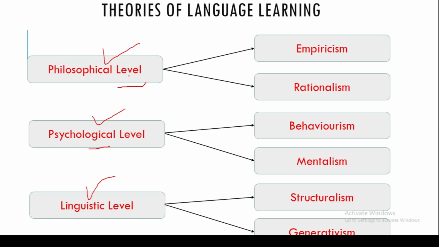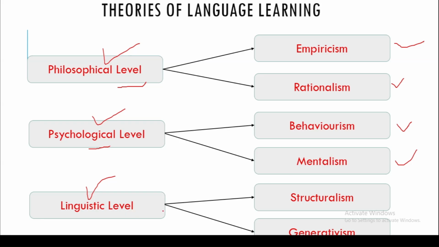Each level of language theory has two theories. The philosophical level of language learning theory has two theories: empiricism and rationalism. Similarly, psychological theory has behaviorism and mentalism.